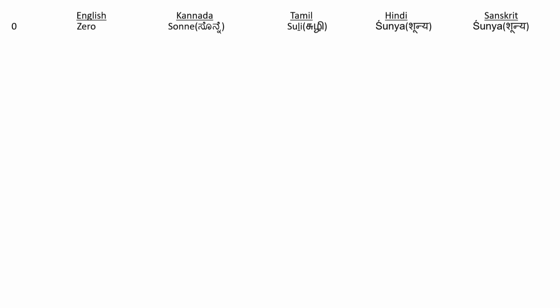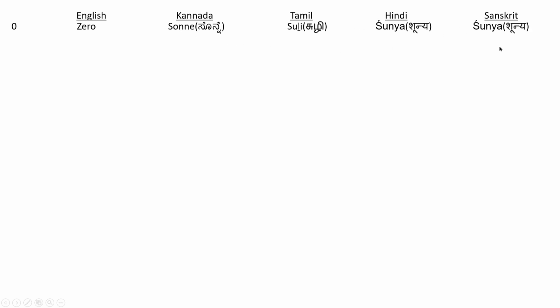So let's see some of the words in different languages that are used for these numerals. So 0 is not necessary for the word representation, but we have anyway included it. So 0 in English is zero. In Kannada it is sonne. In Tamil it's suli. Hindi and Sanskrit have shunya.